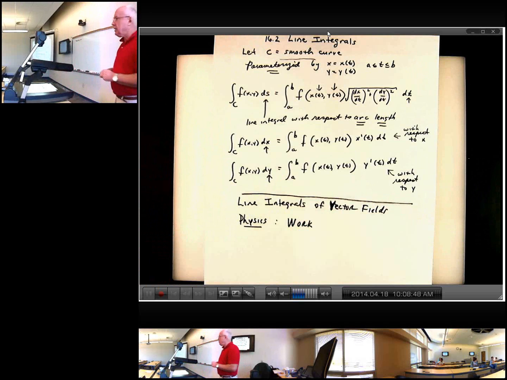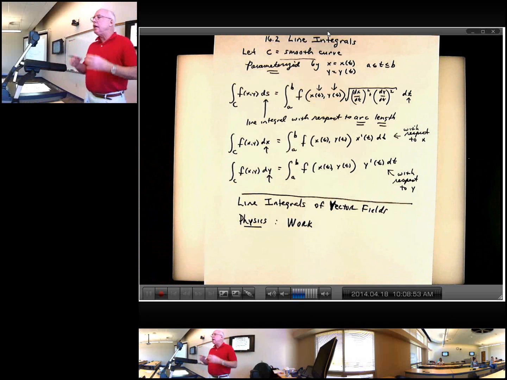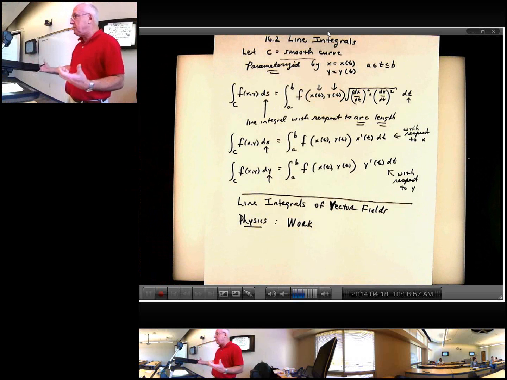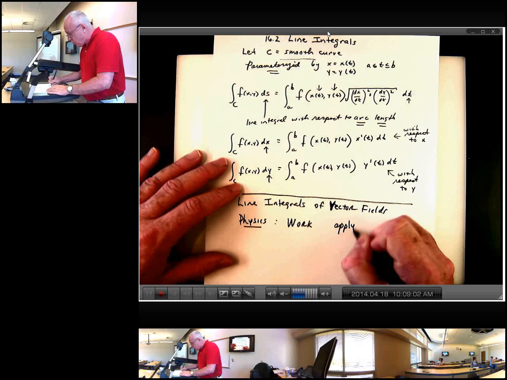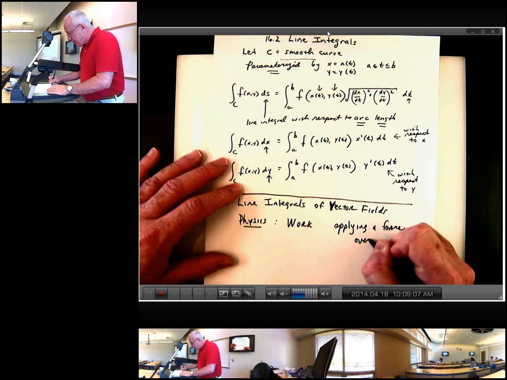Basically, work in its simplest terms is applying a force over a distance. That's the most basic way of looking at work.